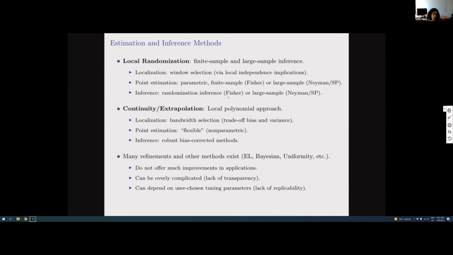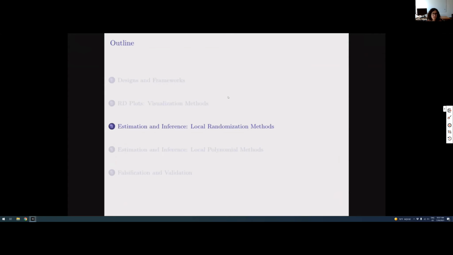Methods that require users to choose these tuning parameters by hand lead to problems in terms of replicability. But those exist, and Matias and I are writing a review article for the Annual Review of Economics, where we provide comprehensive citations in case you are interested.